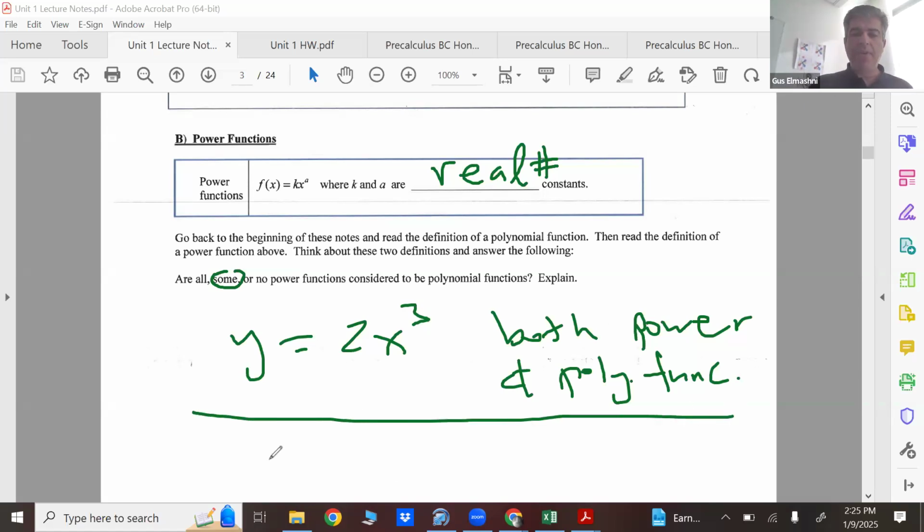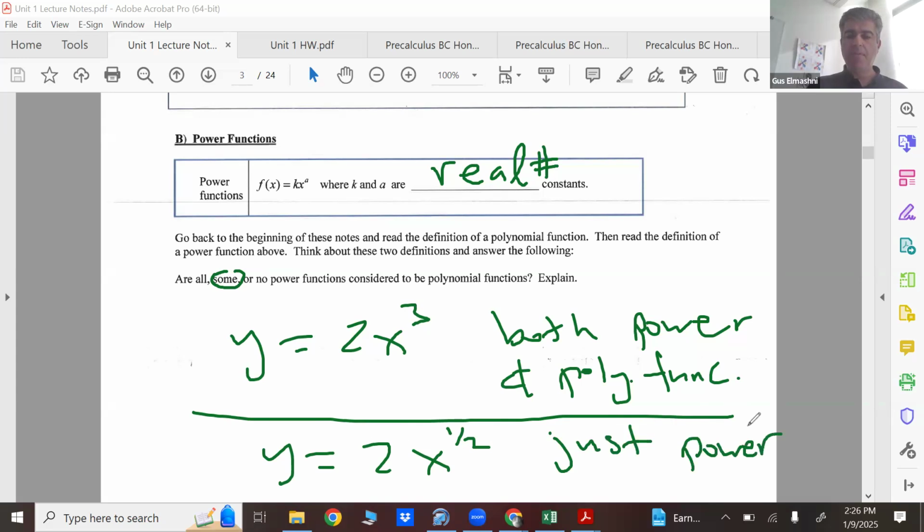But what if I showed you this? Is that a polynomial function? No. That's just a power function. Or let me do one over here. What if I do y equals 2x to the negative 4 power? What kind of function is that? Is that polynomial?